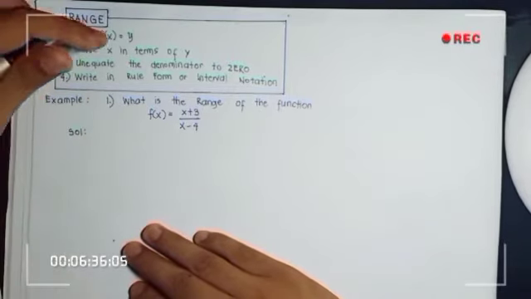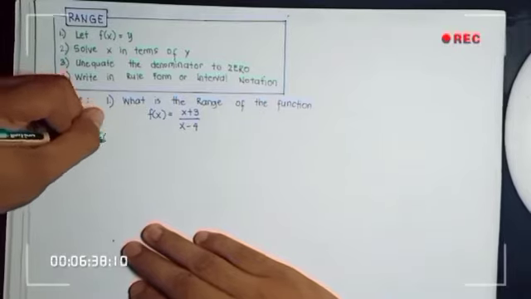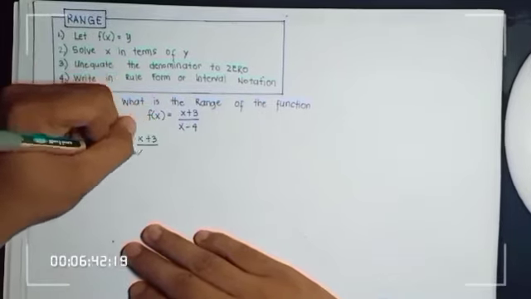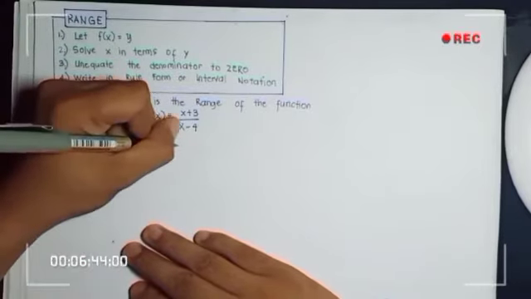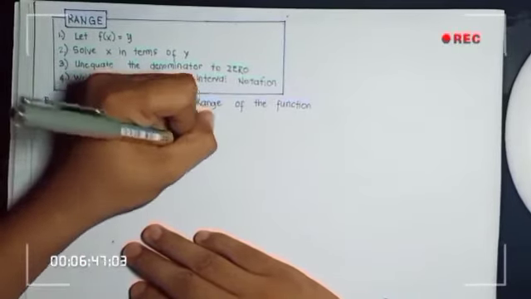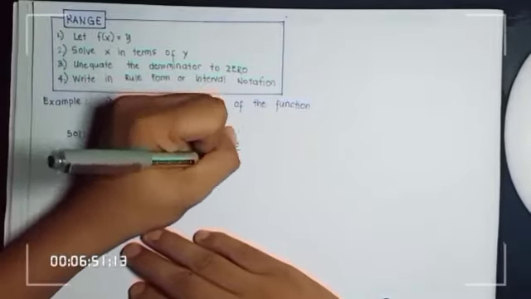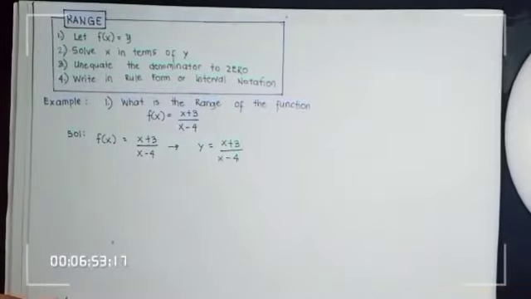First, let f of x equals y. Therefore, instead of writing f of x, we write y. And we have y equals x plus 3 over x minus 4.